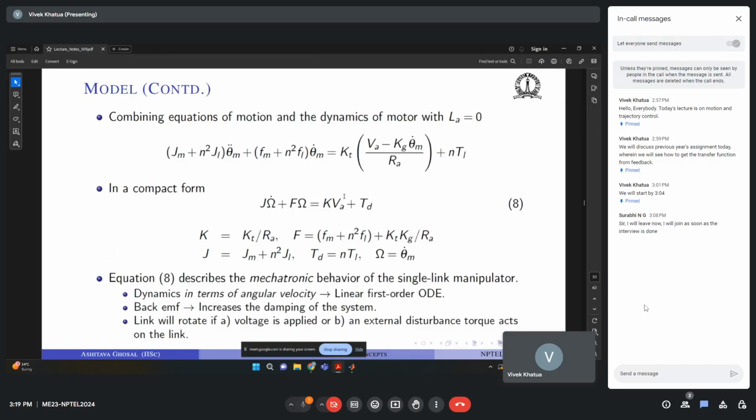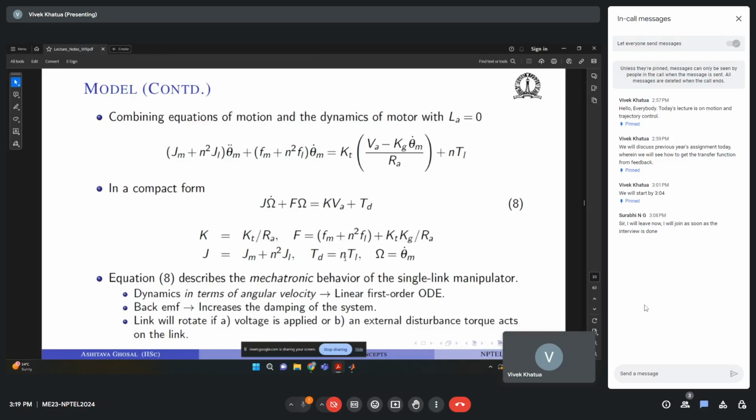You need to know this. Why? Because we will come to an expression that is the transfer function for such motors, right? So this is equal to K Va, right? This is Va, and K is some term that comes out from this expression, plus Td. Td is generally what we term as disturbances that are given to your system.